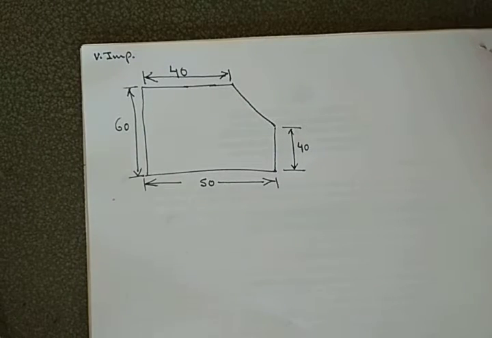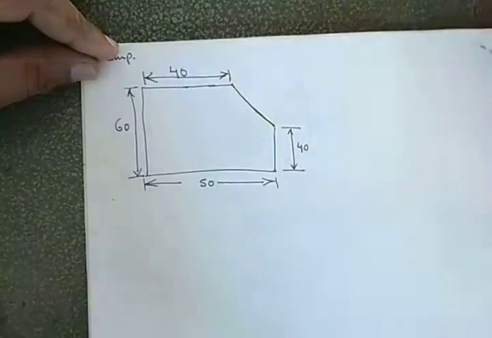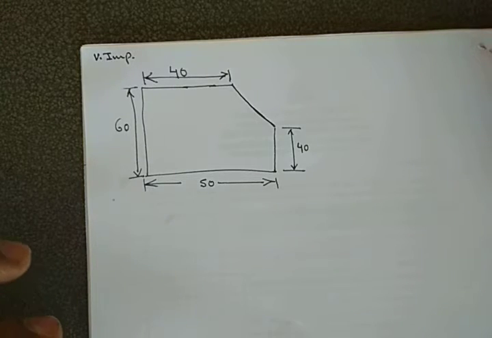Now if you see this figure, this is one type of rectangle, but one corner is cut like this.